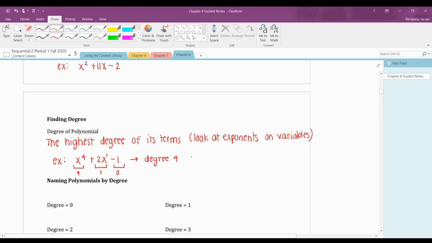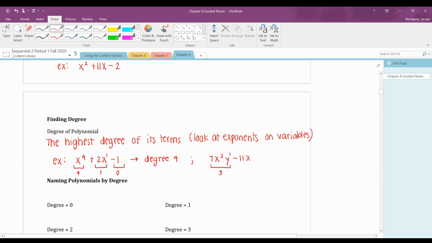Okay, a second example would be something like 7x squared y minus 11x. I see 2 different terms here. In this first term, I actually see more than one variable. I see an x squared and I see a y. That y is really raised to the first power. So I want to then add the exponents of all the variables in the same term.